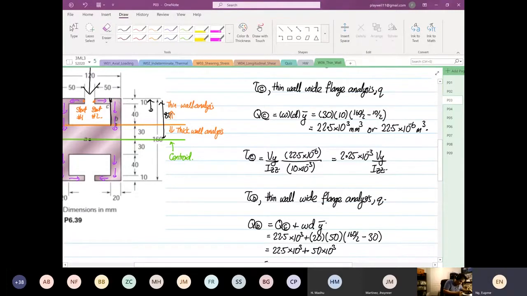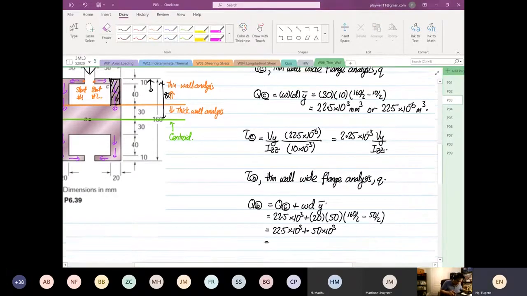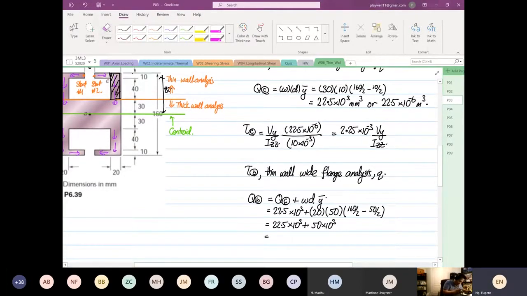Okay, so still the top. So this is the area we are looking at now. My bad. Okay, so this will be equal to 50 divided by 2. So this will be equal to 80 minus 25 times 20 times 50, which is 55 times 10 to the power 3.